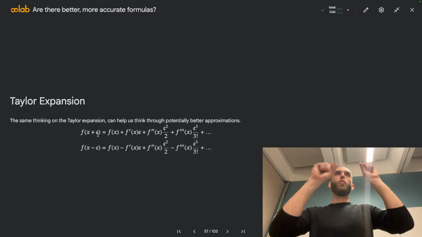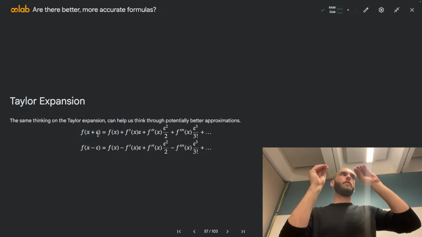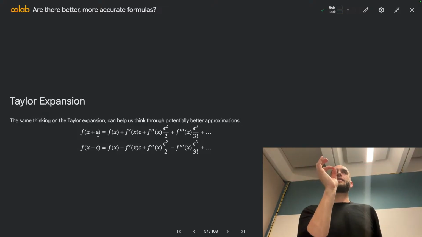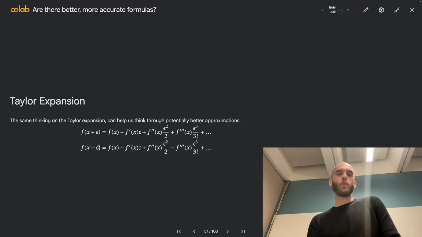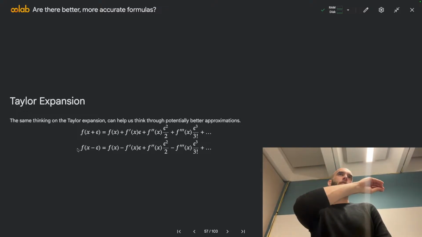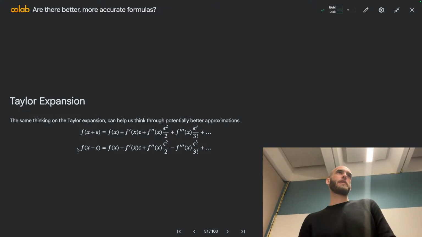Before we were using one side. So we were looking at an epsilon moving in one direction, but then evaluating the other side at x. But what if we use the Taylor series to set up a two-sided epsilon? So instead of evaluating at x and then x plus epsilon or x minus epsilon, either direction, what if we look at x plus epsilon and x minus epsilon?